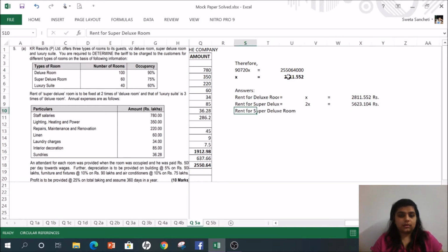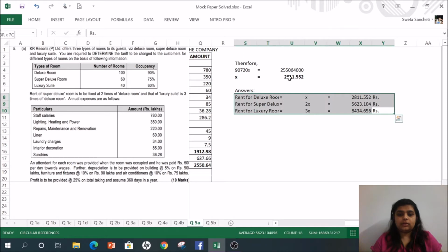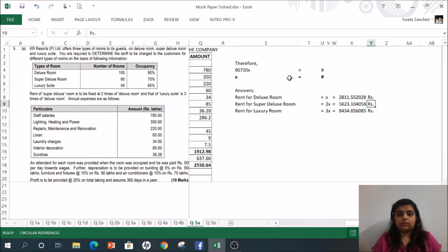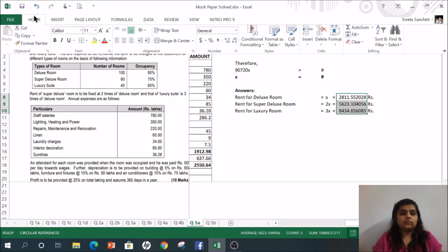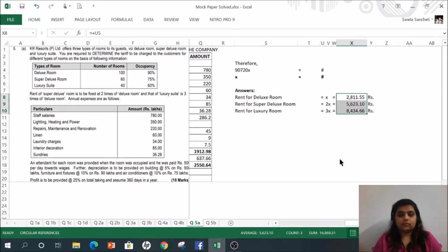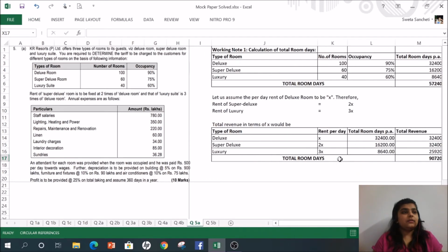Next, rent for luxury suites would be equal to 3x, that is equal to this into 3 rupees. This is the per day rent of all the 3 rooms. Right. So with this we are done with this question.